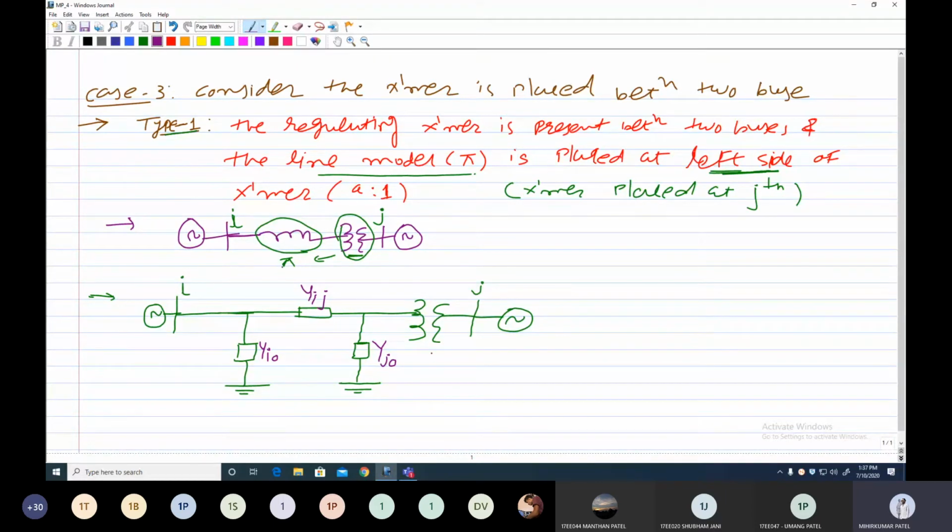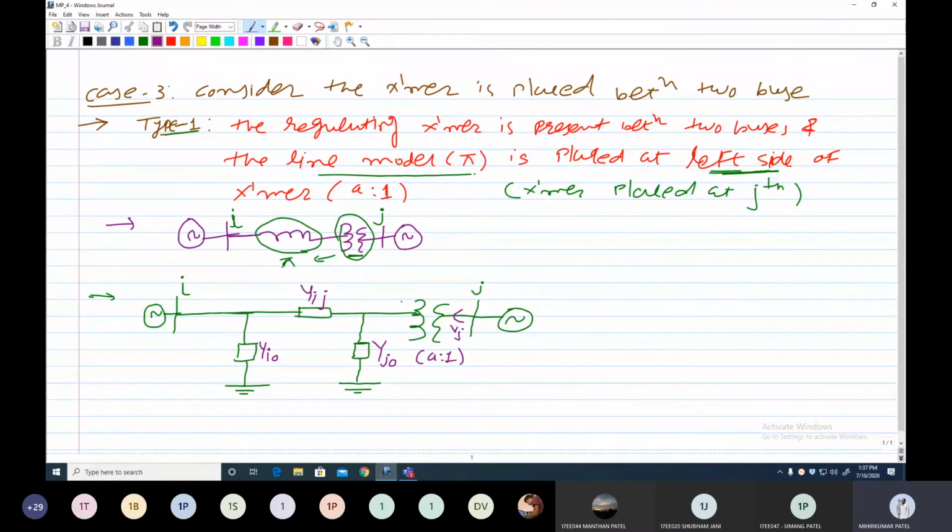Clear? Here the regulating transformer has the transformation ratio a:1. The voltage injected by the jth bus is Vj.